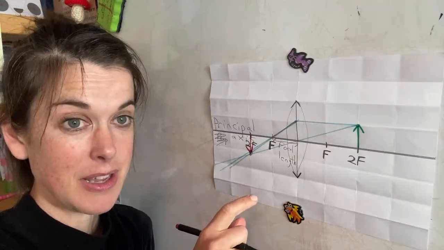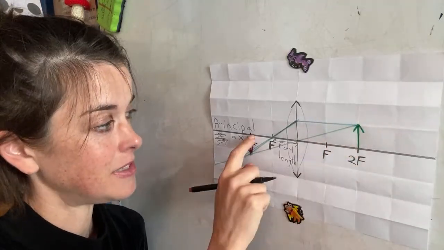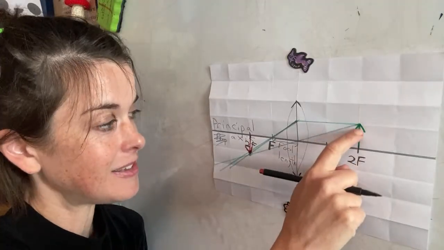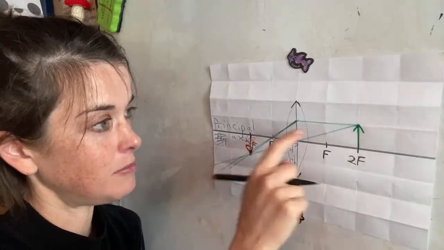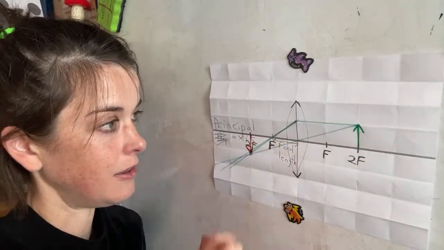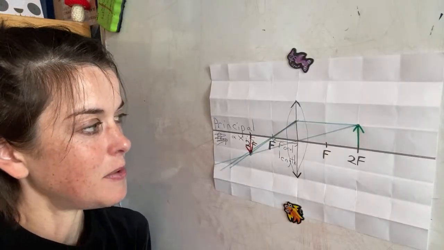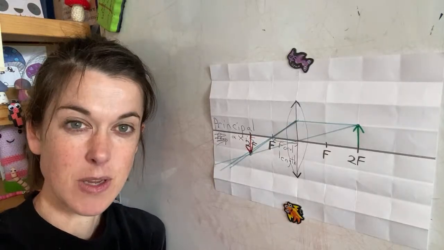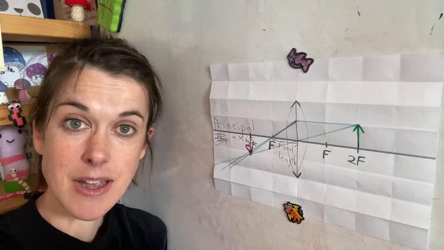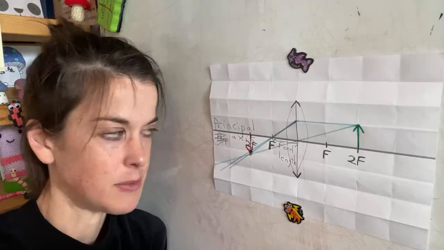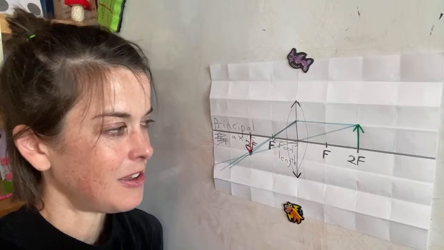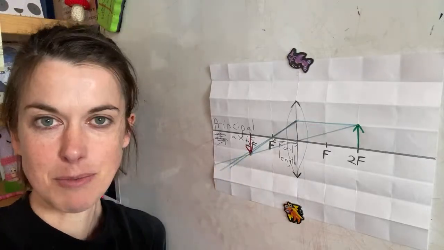And if I'd done it properly, you would be able to see that this image here is exactly the same size as our object. It's one rectangle high. So it's inverted, which is the posh physics word for upside down. It's the same size, that's the posh physics word for being the same size. And it's also real. If an image is real, it means it can be projected onto a screen.